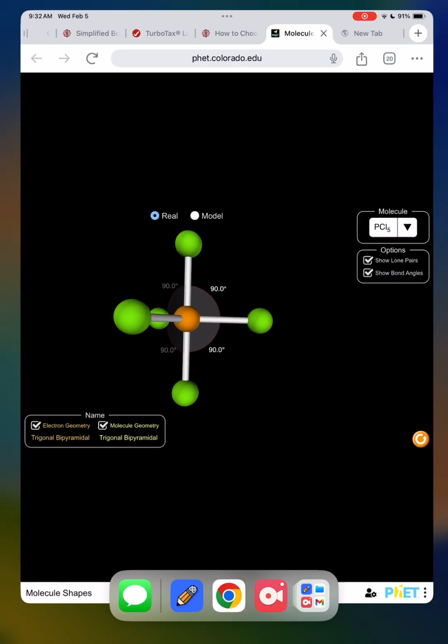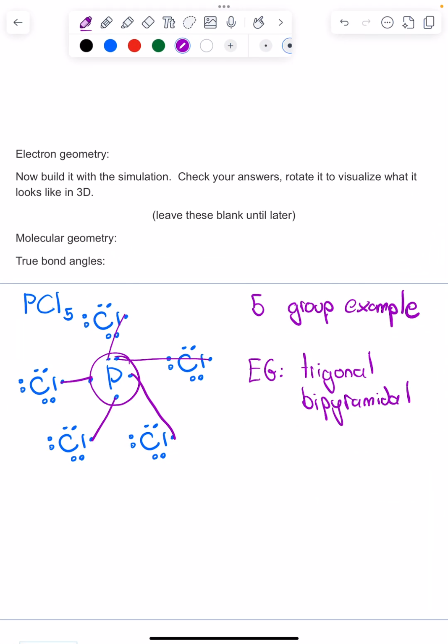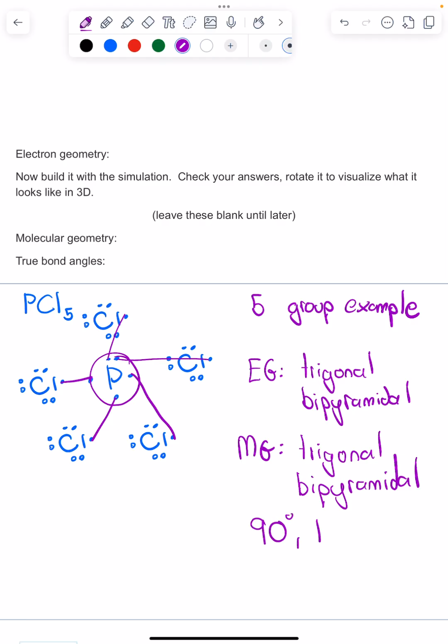I can't draw on this for you. Okay, bipyramidal. All right, the molecular geometry is also called trigonal bipyramidal. And the angles are 90 and 120.